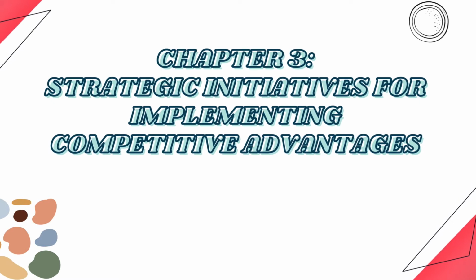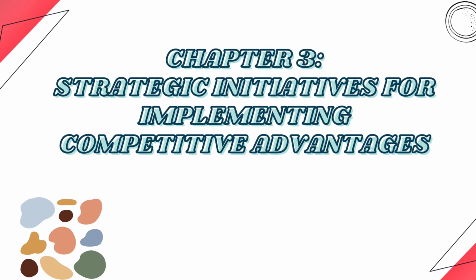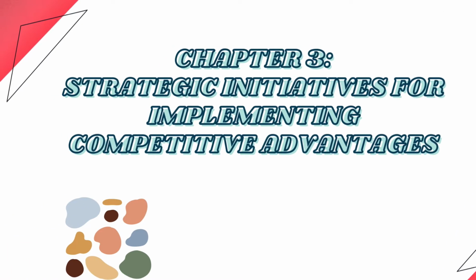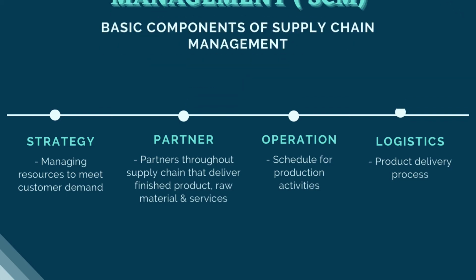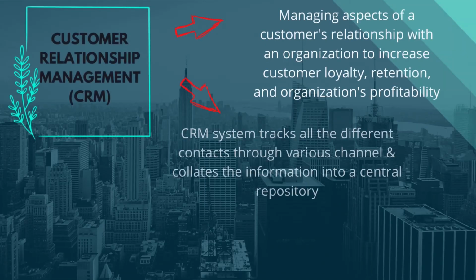Chapter 3 is strategic initiative for implementing competitive advantage. In this topic, I will cover supply chain management. There are four basic components of supply chain management, which are strategy, partner, operation, and logistics. Next, CRM, which is customer relationship management.